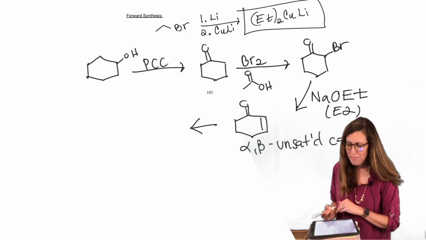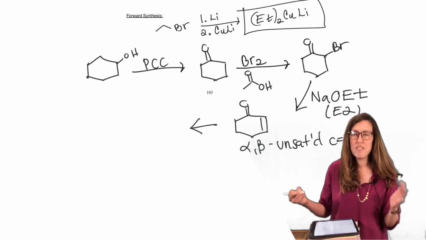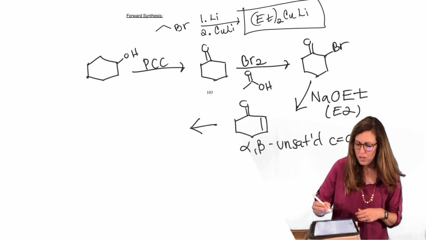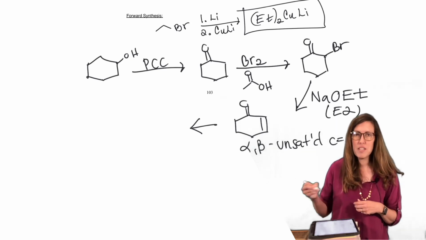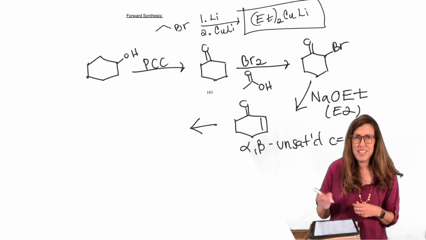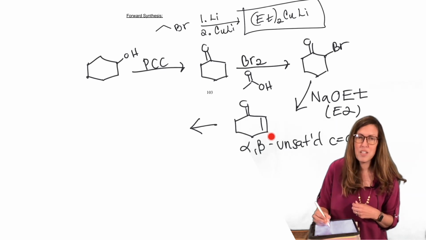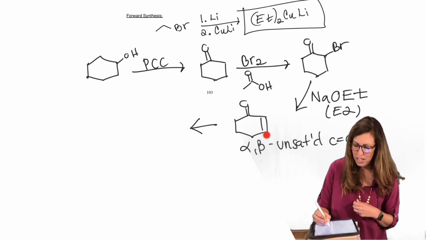Okay, so Gilman means that we do that conjugate addition, that 1,4 addition. So instead of it attacking the carbonyl carbon, it attacks the other electrophile when we have the 1,4 alpha beta unsaturated carbonyl, this one, that carbon.